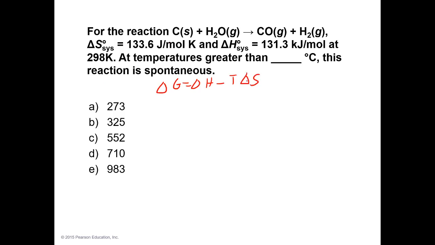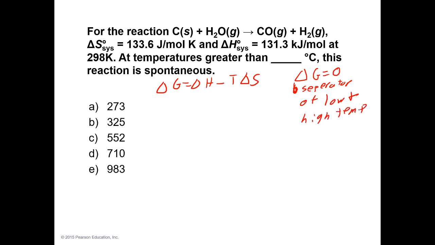Well, not exactly delta G. What you need to calculate is when delta G equals 0. As a reminder from last class, delta G equals 0 is your bright line. This is our separator of low and high temperature.